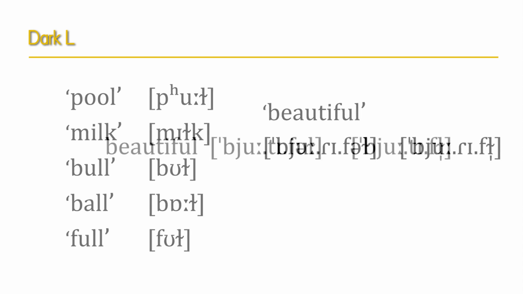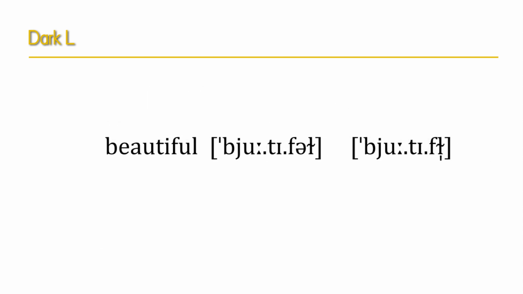Here it becomes more interesting. Look, beautiful. Okay, here, beau is one syllable, ti is one syllable, and ful is one syllable. Look, this is the onset, but the L is both the nucleus and the coda. Basically it's the nucleus because it's a syllabic consonant.